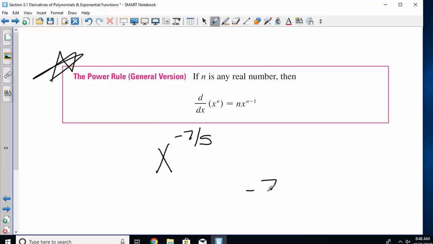The exponent comes down. So what's negative 7/5 minus 1? So if it's x to a power, we can automatically do its derivative without going through the whole definition. So that is the piece we will pick up with on Tuesday.